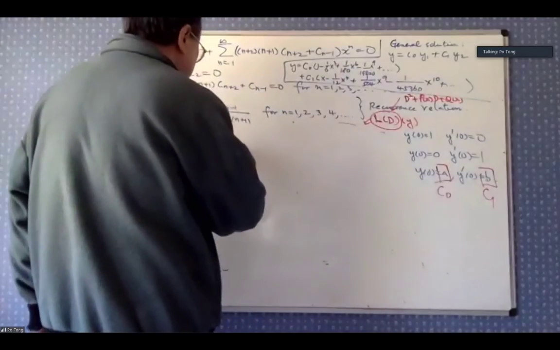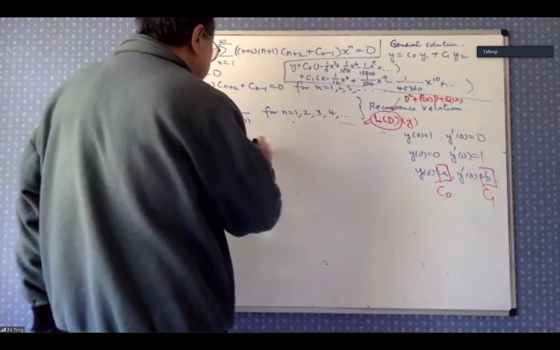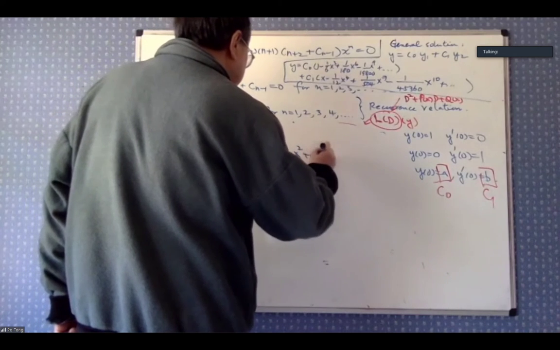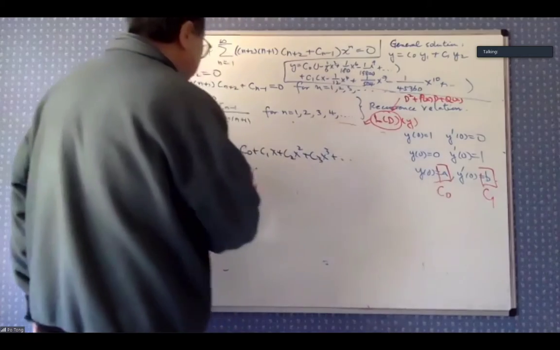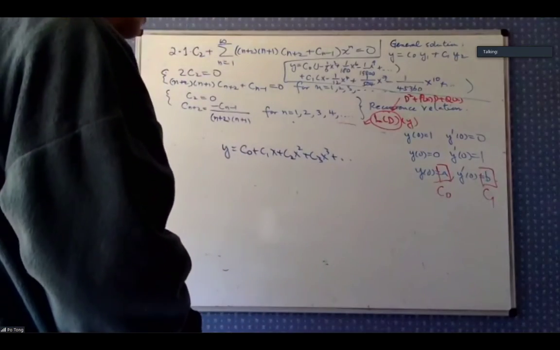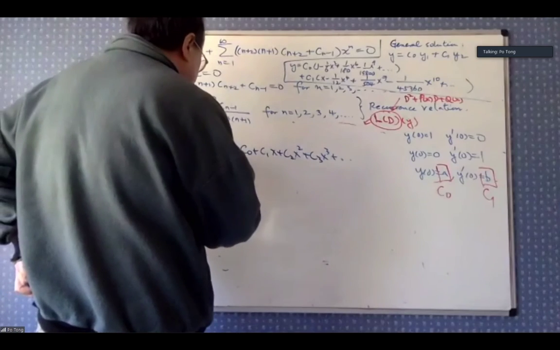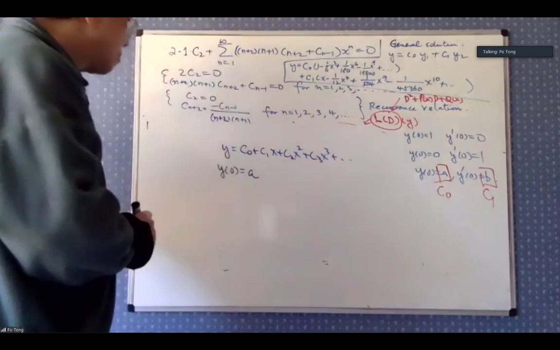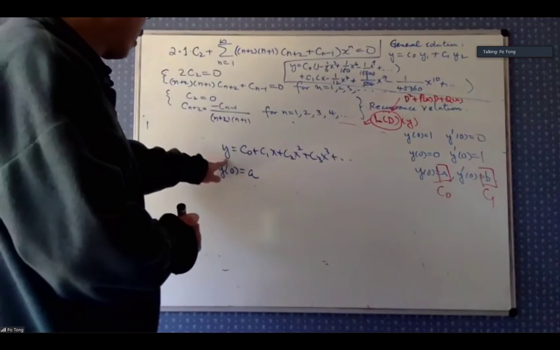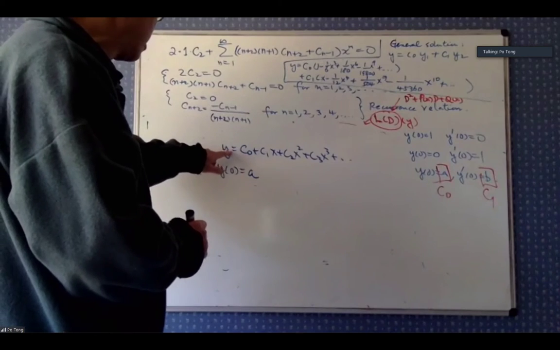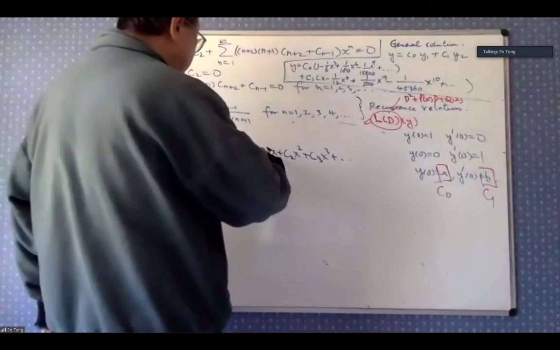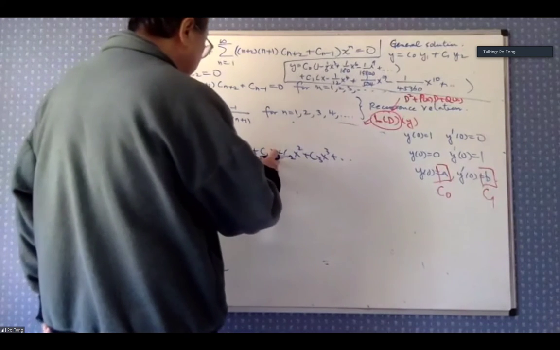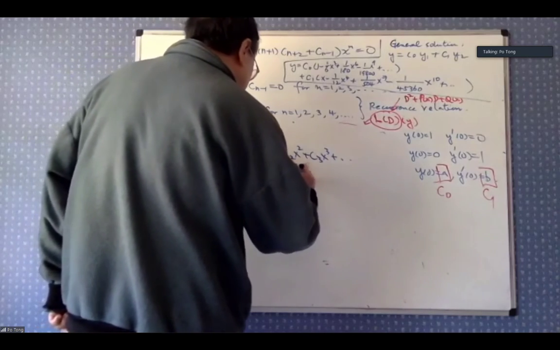Now remember the solution looks like this, right? So when we say y0 equal to a, can you see y0 equal to a means when you put in x equal to 0, this is the same as C0 equal to a?